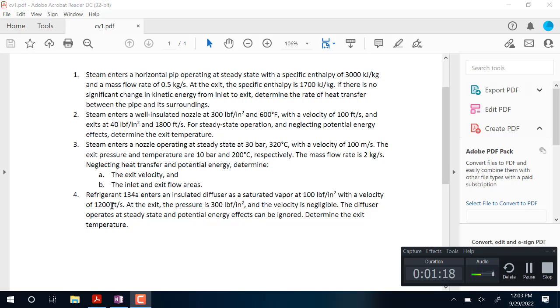So it's a diffuser. We know the speed at the beginning. We're assuming 0 speed at the end. We have the pressures. It's steady state, ignoring potential energy, and we want to figure out the exit temperature.